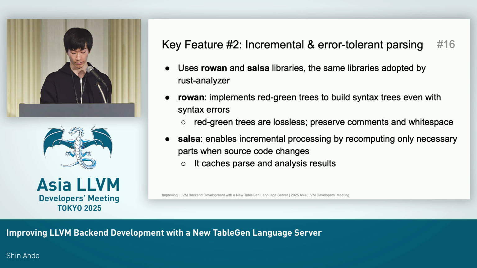The primary difference between an abstract syntax tree and a red-green tree is that it is lossless. In other words, red-green trees preserve all trivia like comments and white space. Salsa is a library for implementing incremental processing. More specifically, it caches parsing results and analysis data, reducing the need for recomputing whenever source code changes.